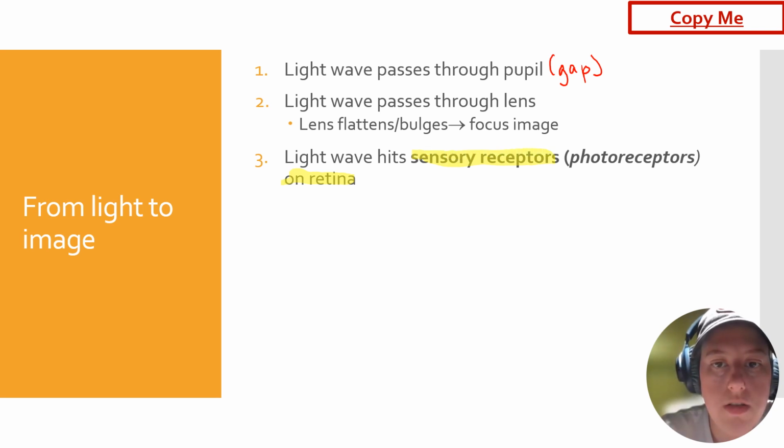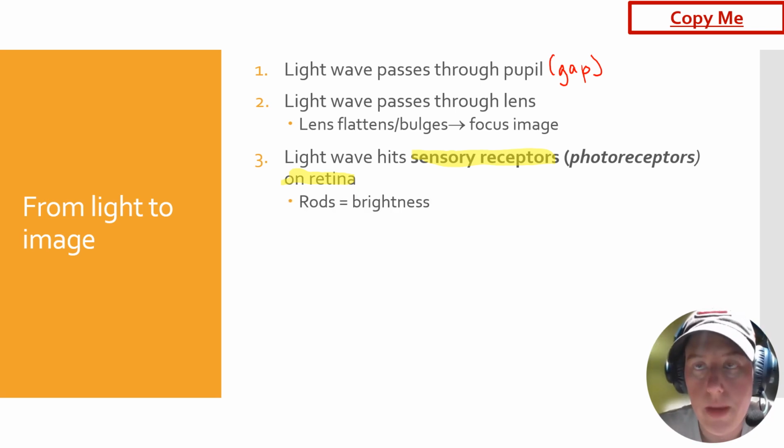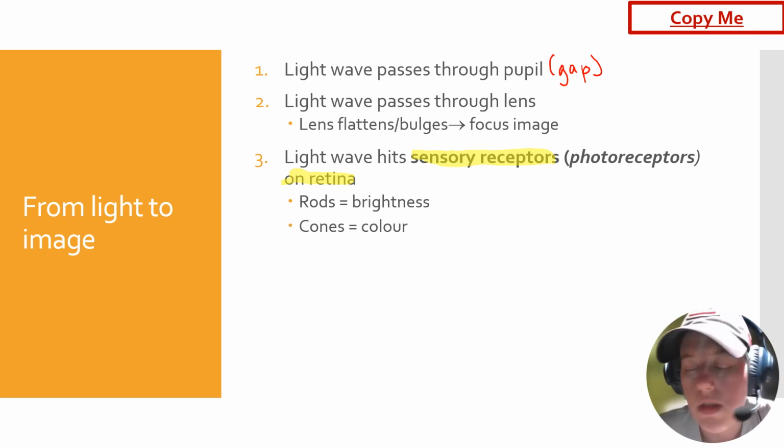Now, once the information hits the retina, there are 2 cells that get activated. The first is our rod cells, which determine the brightness and consequently the dimness of your image. And then there are the cone cells, which figure out the color. Now, one thing that's really important to note is that if it is too dim, your cone cells don't get activated and it's only your rod cells.